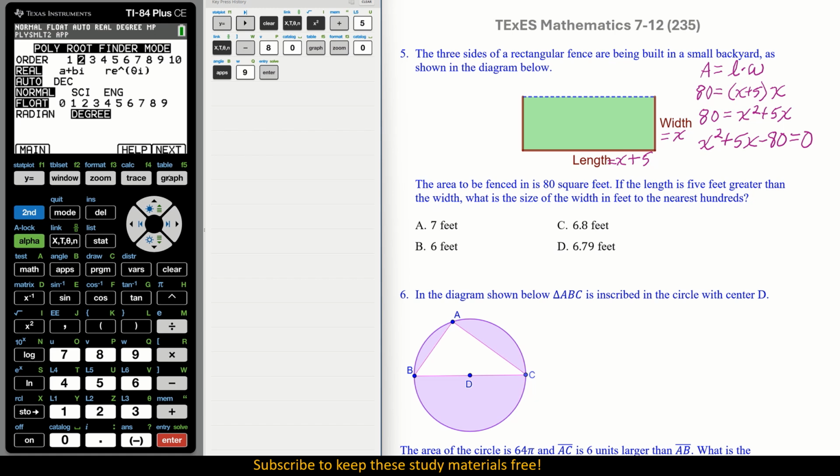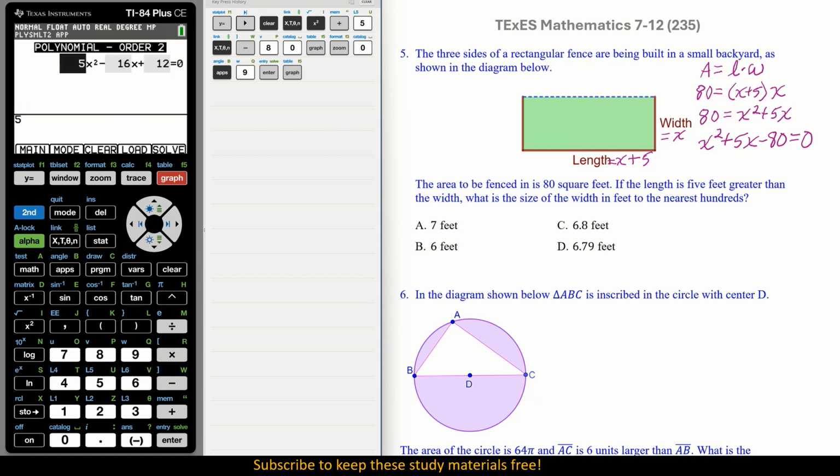So next, we need to do that and graph. Now, let's see. We need 1 enter. And then we have a plus. So push plus enter, and then 5 enter. And now we need a minus. Remember, we use subtraction for this. Enter, and then 80 enter.